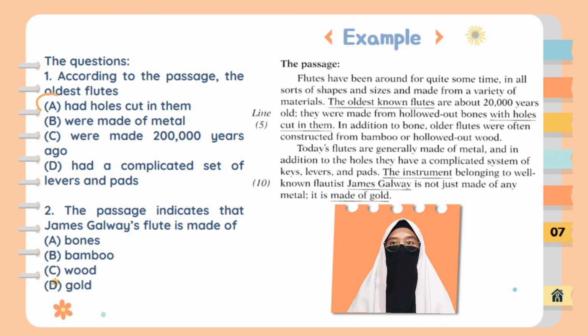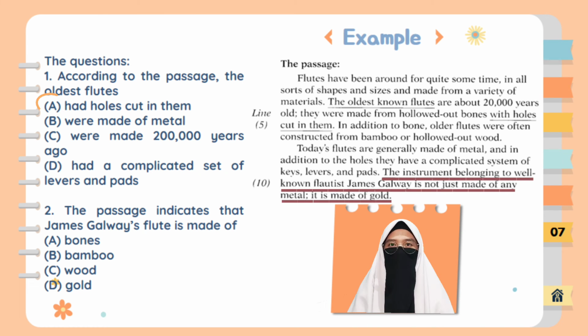Since the second question is about James Galway's flute, you should skim through the passage to find the part of the passage that discusses this topic. The answer to this question is found in the statement that the instrument belonging to well-known flautist James Galway is not just made of any metal. It is made of gold in line 11. The best answer to this question is therefore answer D.